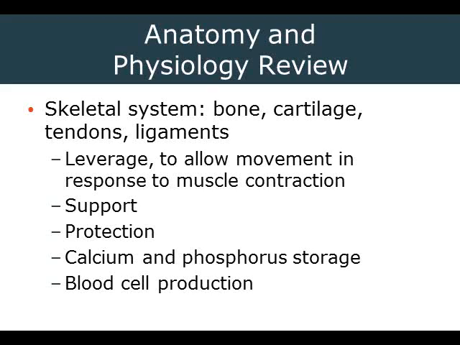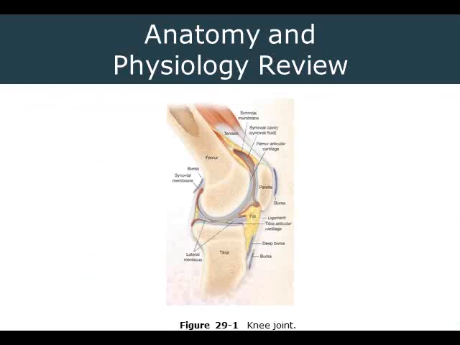We have other secondary or accessory structures, such as bursa, and the bursa or bursae, depending on if you're talking multiples or singles, are the little fluid-filled sacs, the joint capsules as they get referred to, and they create a little shock absorber because they have a little fluid-filled center.